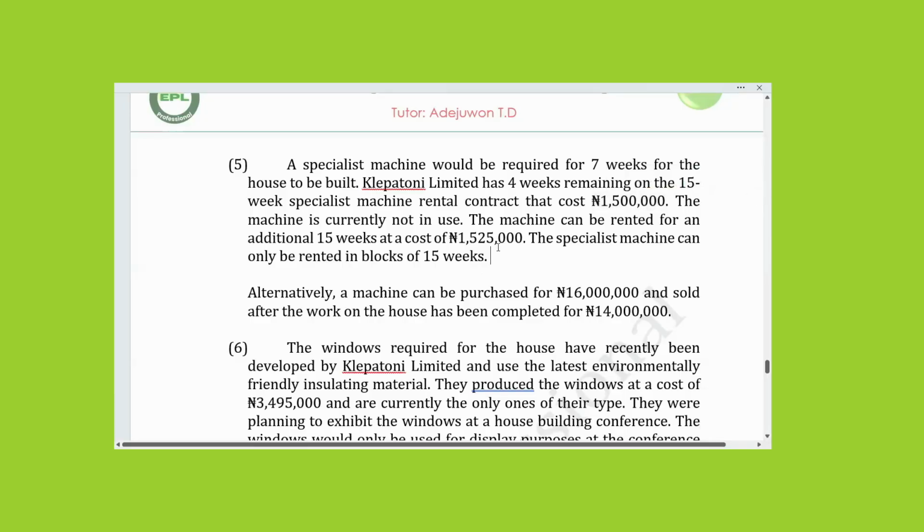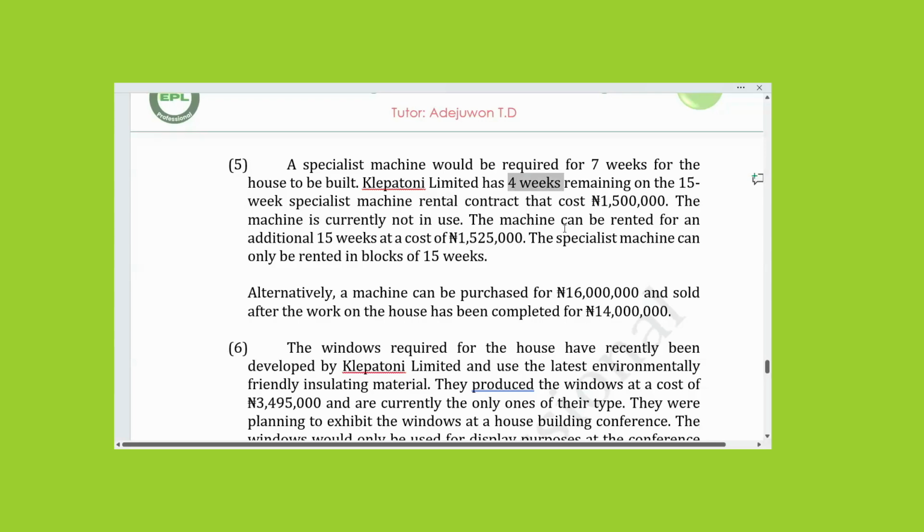That one is a past cost. Yes, it's a committed cost, because you are told that the company already has an existing contract. This existing contract has 4 weeks of the machine remaining out of the 15 weeks.